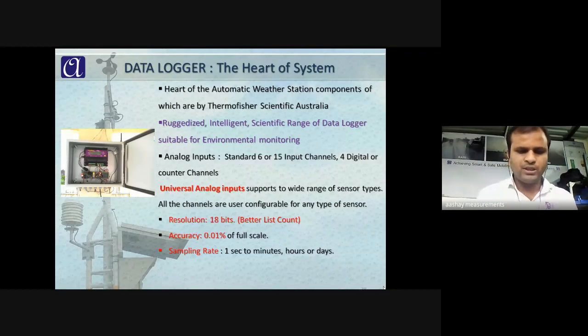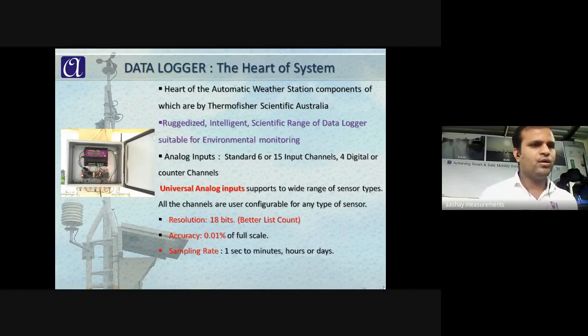All these parameters are recorded into the data logger. And the loggers which we are using are world-class and highly accurate data loggers. These are ruggedized data loggers, so they are suitable for outdoor application and can withstand the outdoor environment.